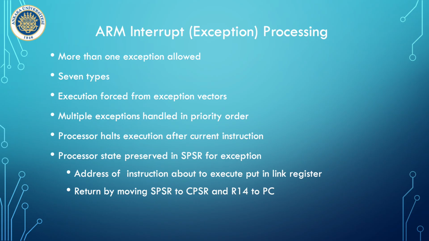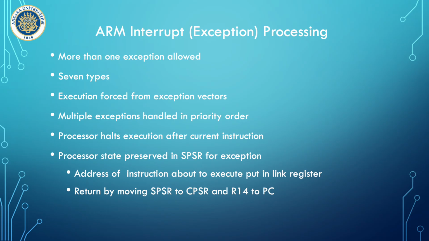And finally, ARM supports multiple types of exceptions, including reset, undefined instructions, software interrupts, and both normal and fast hardware interrupts. When an exception occurs, the processor completes the current instruction and then switches into the appropriate exception mode.